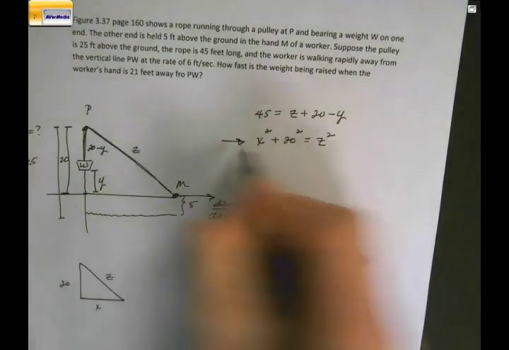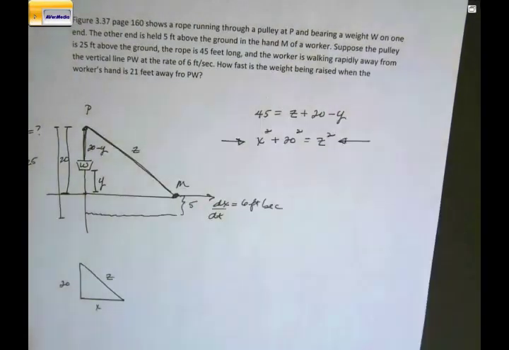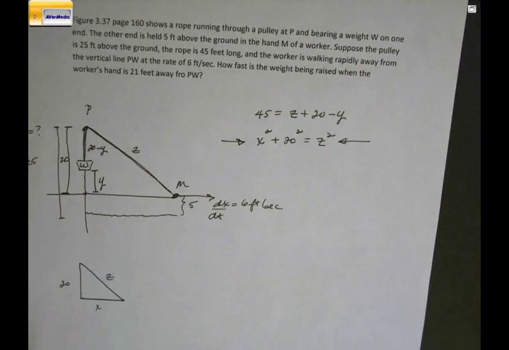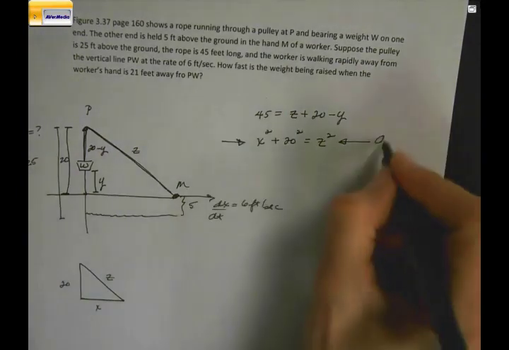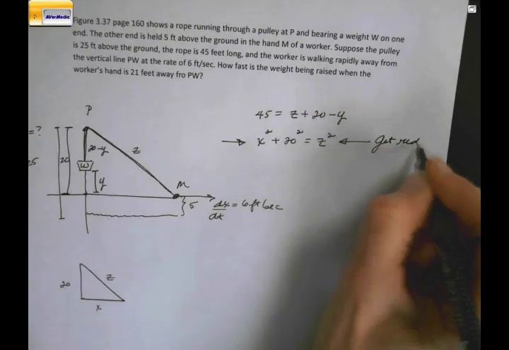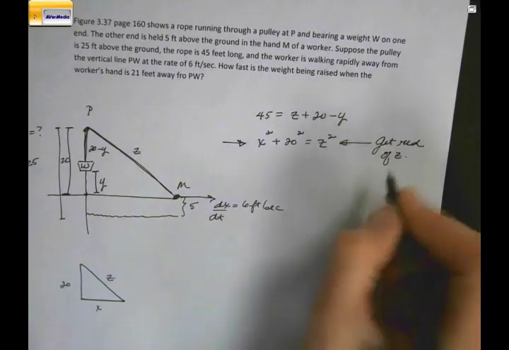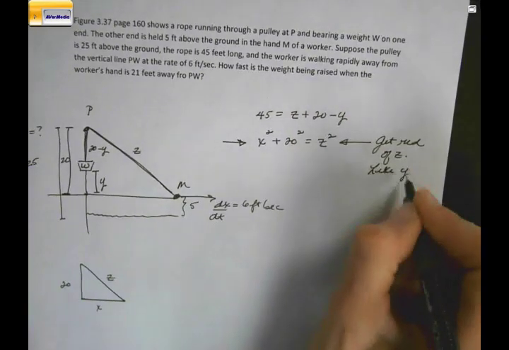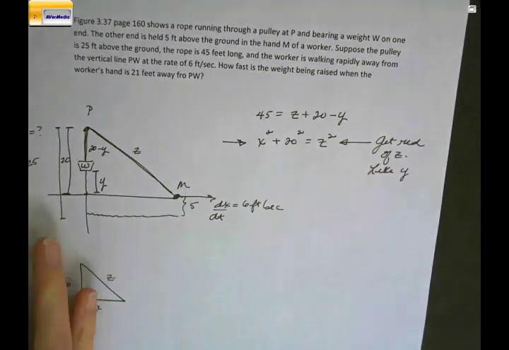And this is kind of where we want to work. We have an x and a z, and we know nothing about z. We got some information here about y, and we want to know dy/dt, right? So we need to get rid of z, and we need to get y, because we're looking for dy/dt.